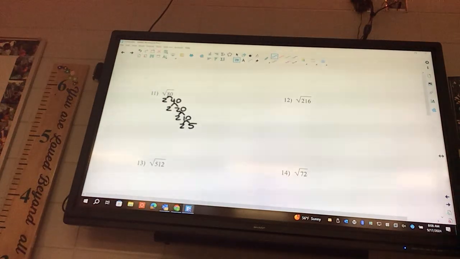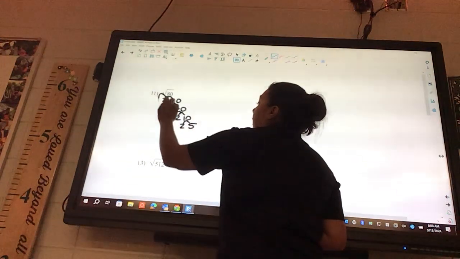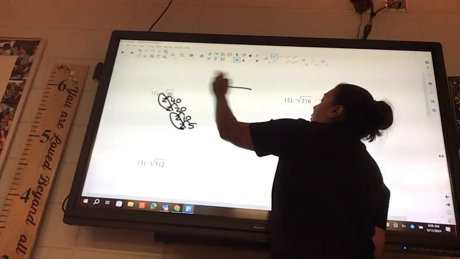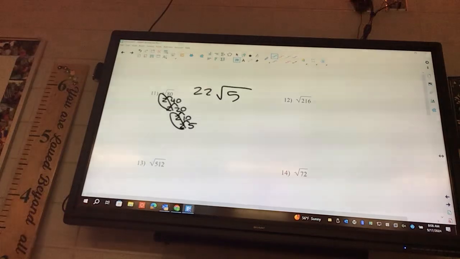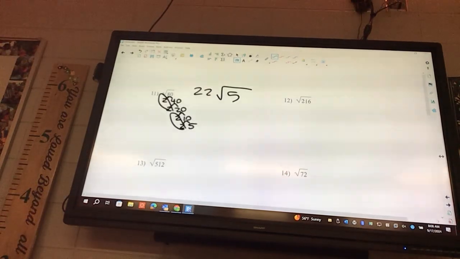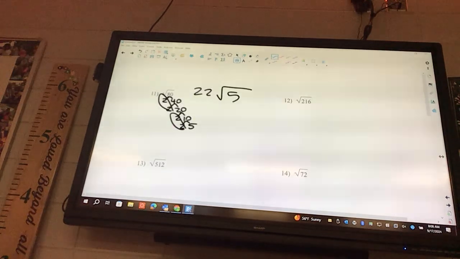Two groups. 2 groups of 2s. Who's not allowed to go? And what are you gonna do with those 2 2s on the outside? Multiply them. So it's gonna look like 4 square root 5.